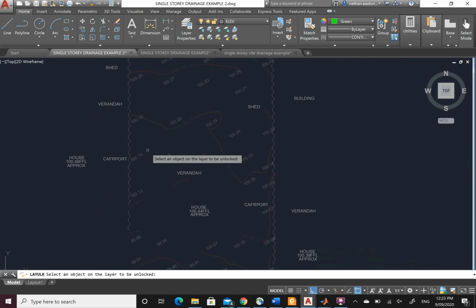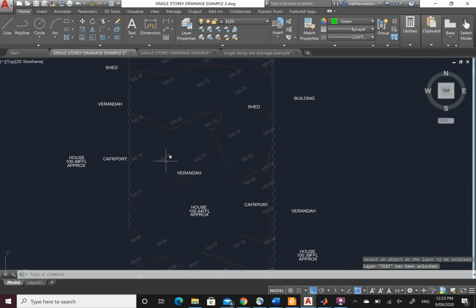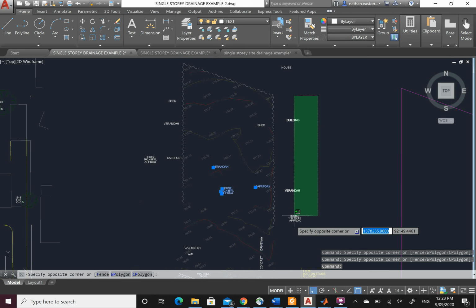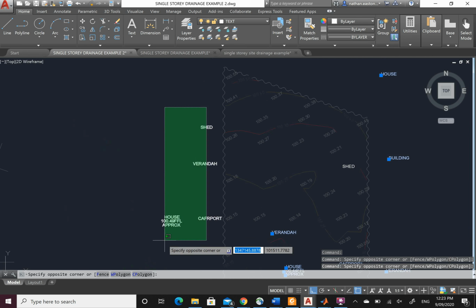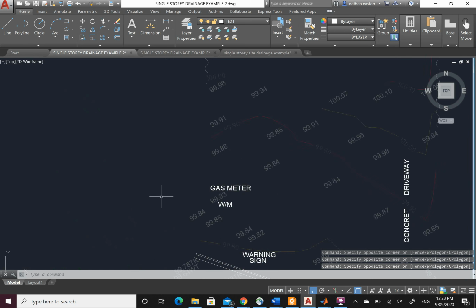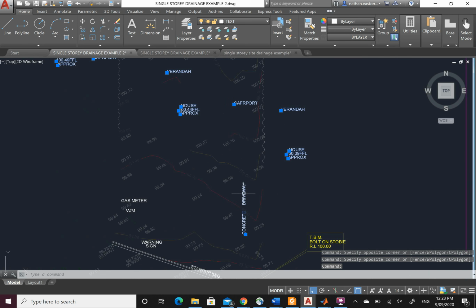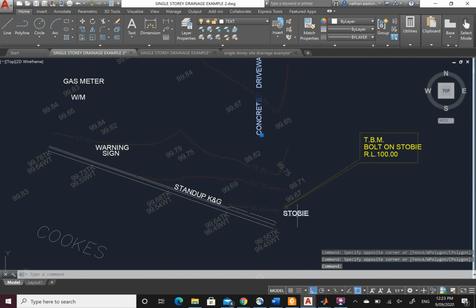Let's come through and unlock the text. So now we can select the ones that I don't really need. I don't really need any of that. Don't need them. This, don't really care about that. Gas meter I'll keep. Let's get rid of this. Stovey, keep. Warning sign, keep it.